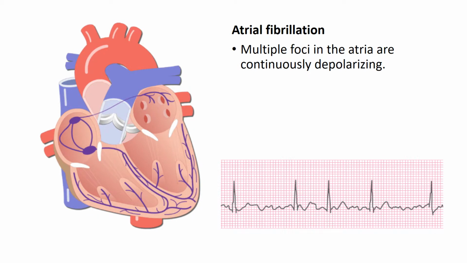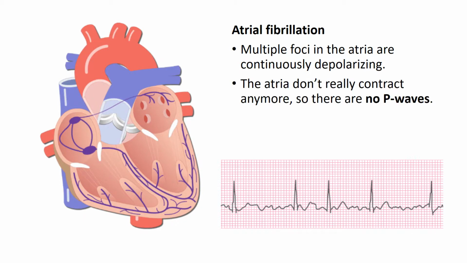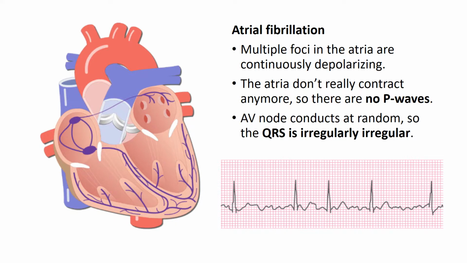The rhythm strip would look something like this. The atria aren't really contracting anymore. They're just spitting out little impulses without really any mechanical movement. So there aren't really any P waves if you were to look at that baseline. You can see some humps here and there, but there's nothing that's organized. And because the AV node is picking up whatever it can, the AV node conducts totally at random.